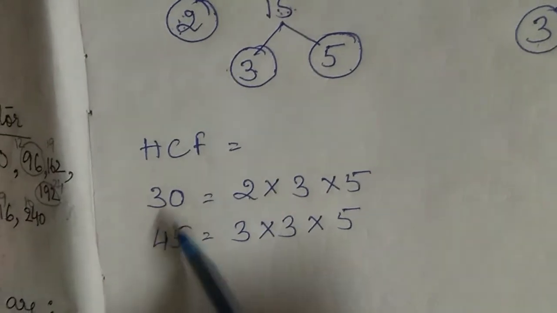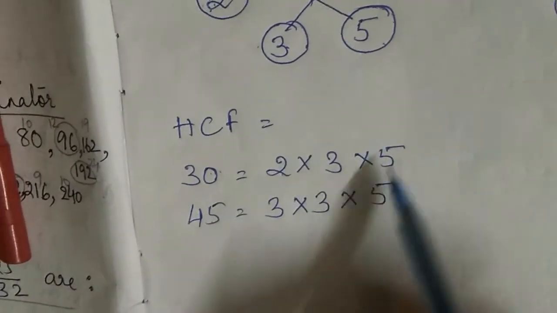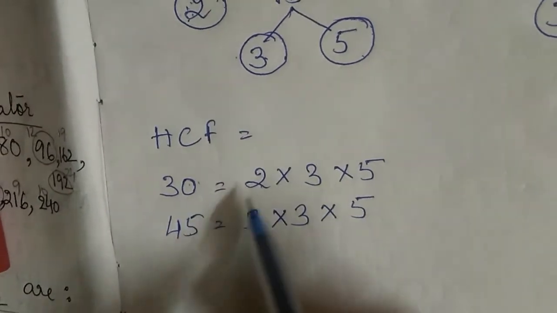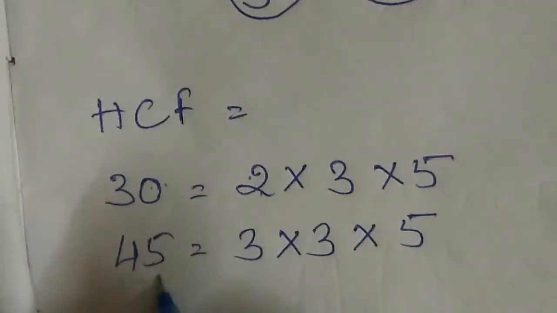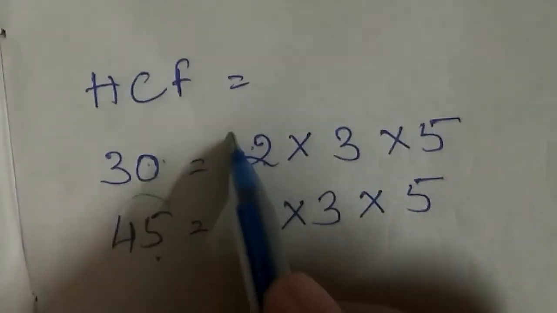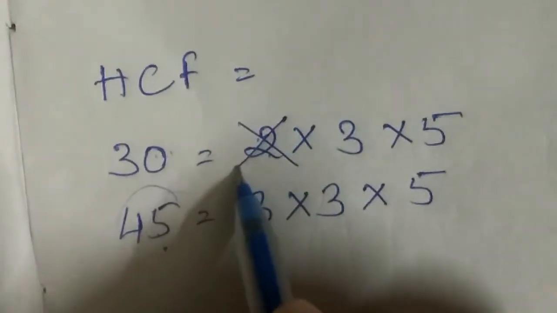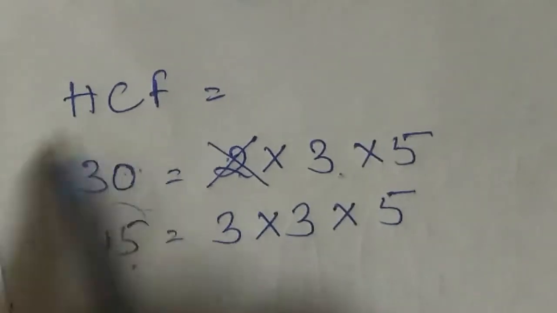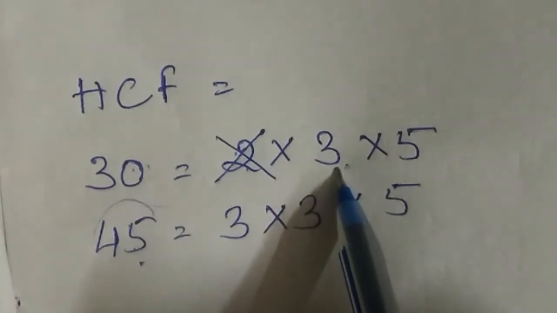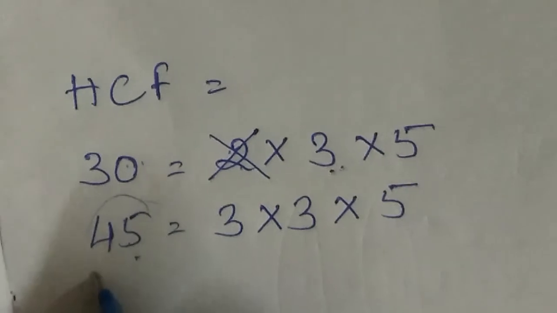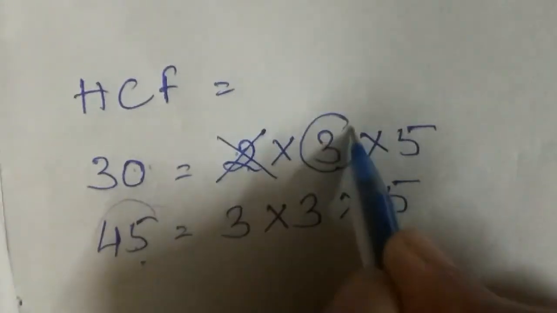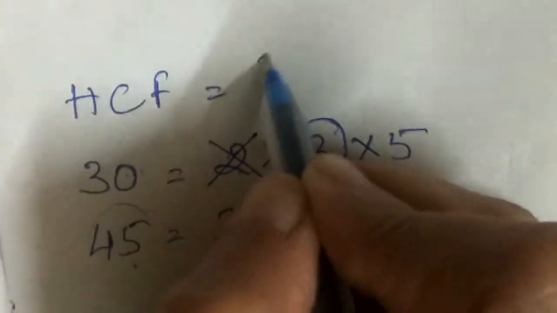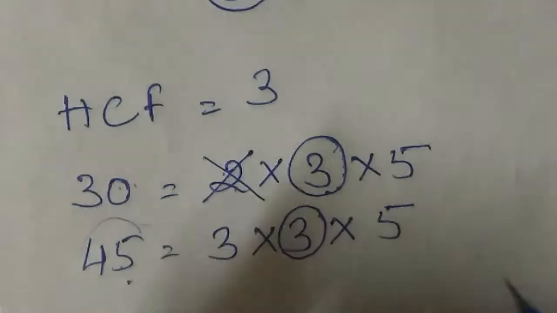Now in these two numbers we find which are common. Can you find 2 in 45 also? No, 2 is not there, so we cut this number. 3 is in 30 and 3 is also in 45, so we take 3 in the HCF.